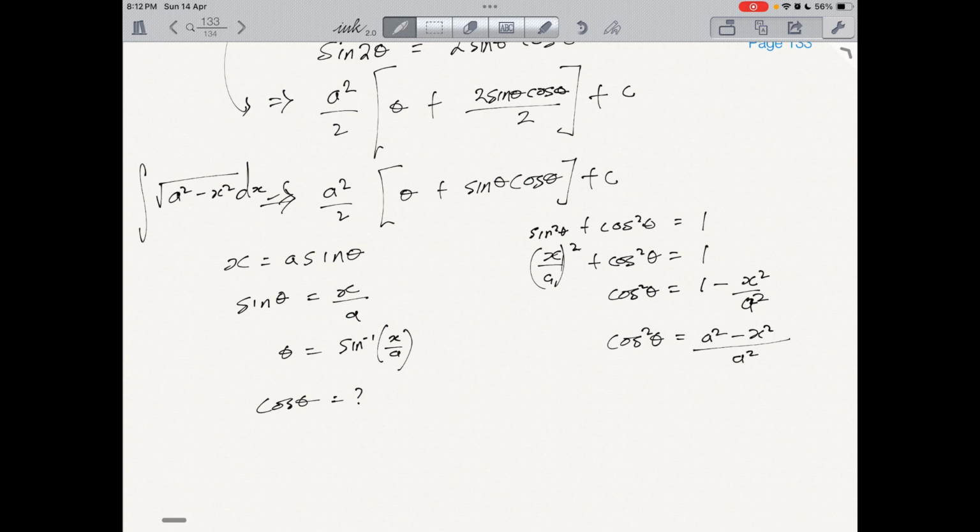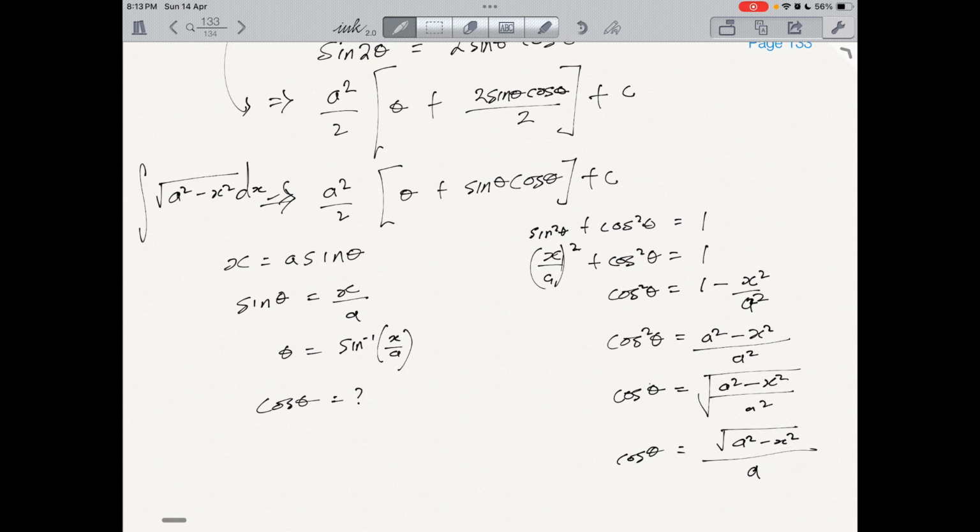Therefore, the square root of cos squared theta is cos theta, and we will have the square root of a squared minus x squared divided by a squared. Therefore, cos theta is the square root of a squared minus x squared divided by a squared. That's the square root of it. And the square root of the denominator is equal to a.